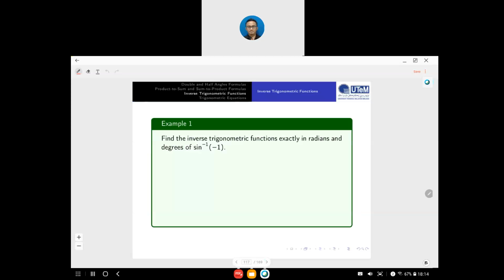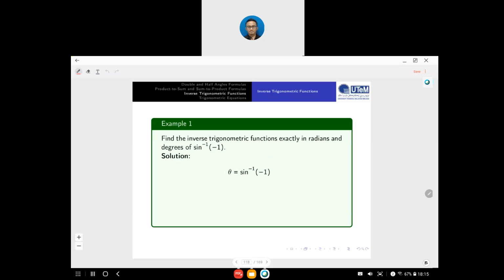Okay, look at example 1. Find the inverse trigonometric function exactly in radians and degrees of sine inverse negative 1. Okay. So when we want to find sine inverse negative 1, we can let theta dulu. Okay, theta equal to sine inverse negative 1.